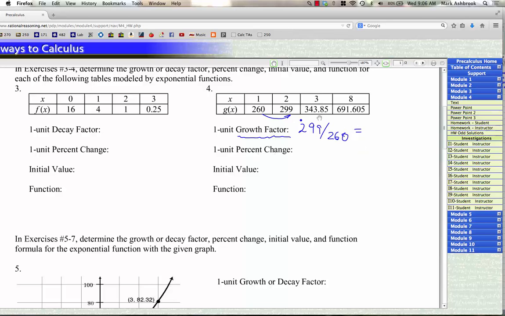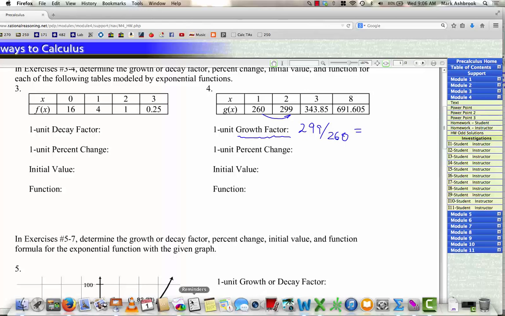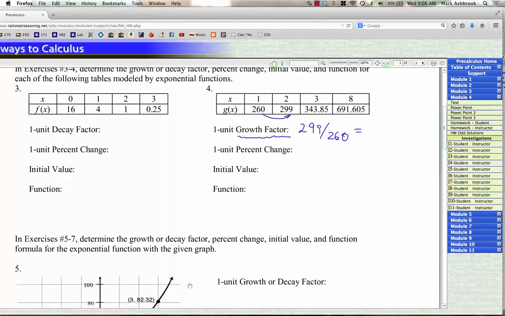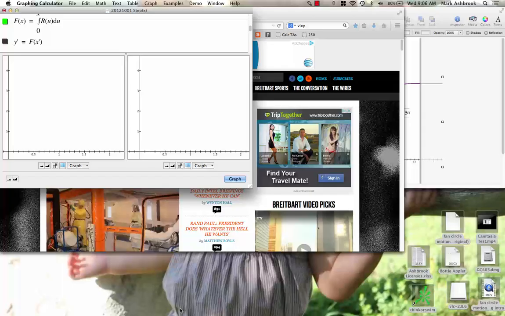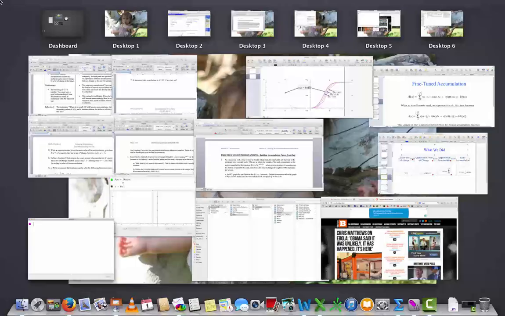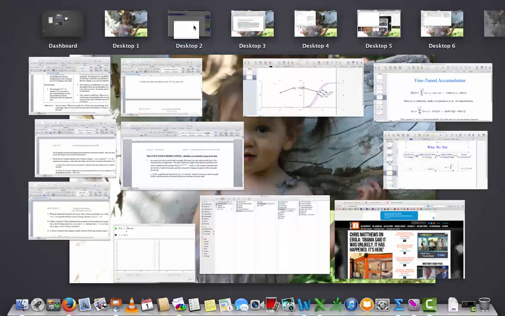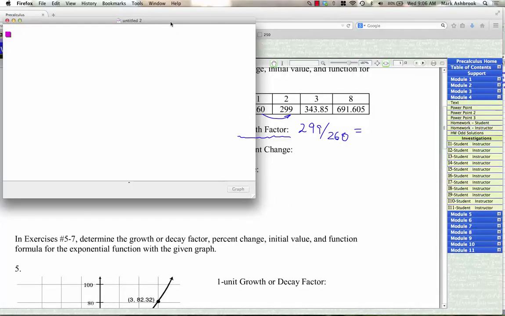And then to get the 1 unit percent change, we actually want to find that value. Anyone got a calculator handy? Or remember what that was? 1.15 exactly.